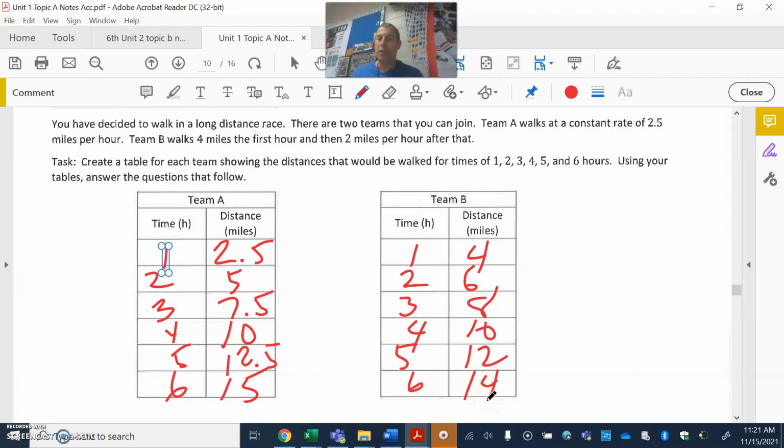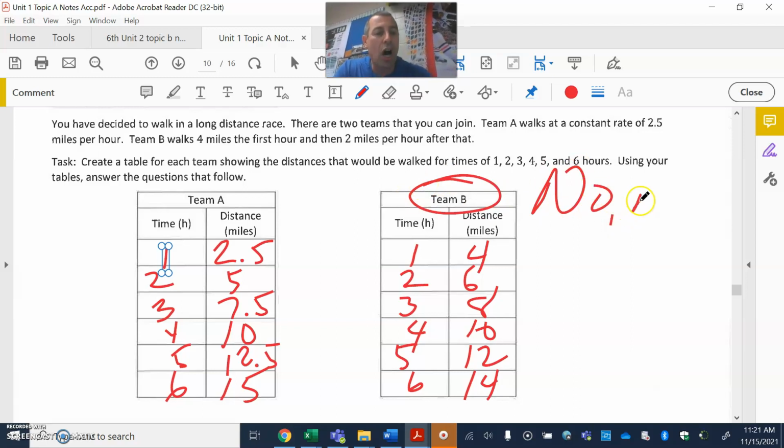So instead of going through all the list of questions, what they're really asking here is, hey, are we proportional? And what we're seeing here is, for Team B, the answer is no. Not proportional. There is no constant.